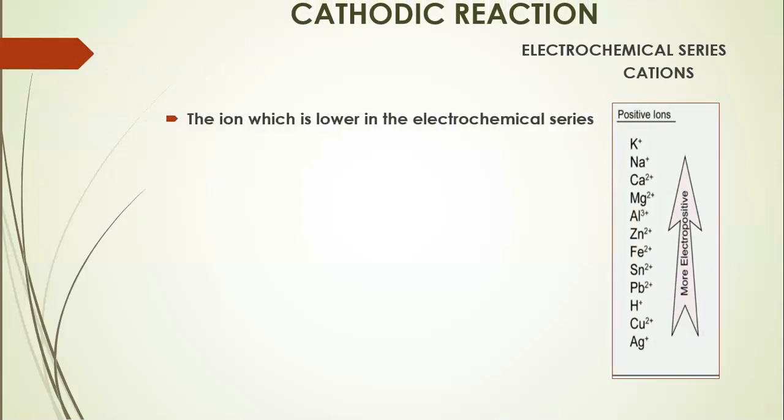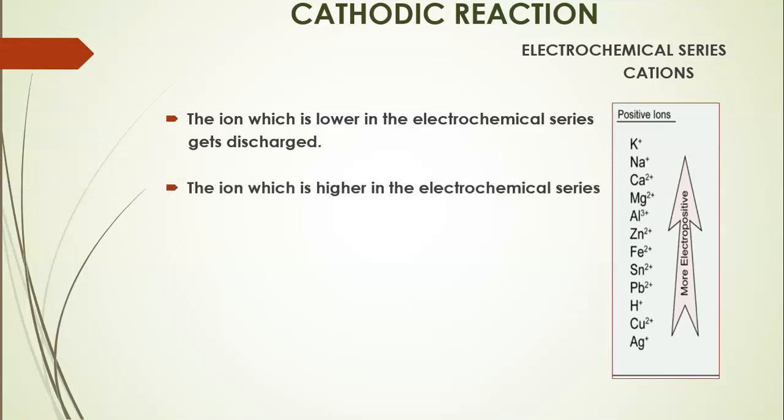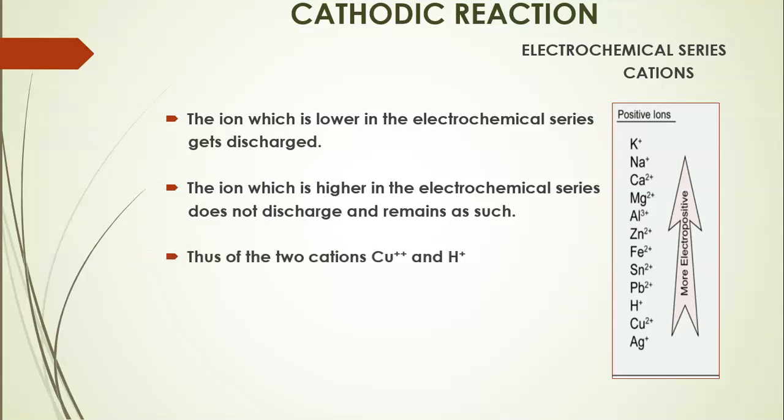In the electrochemical series of cations, we see that the copper ion is lower as compared to the hydrogen ions. The lower ion will get discharged. The higher one remains as such.